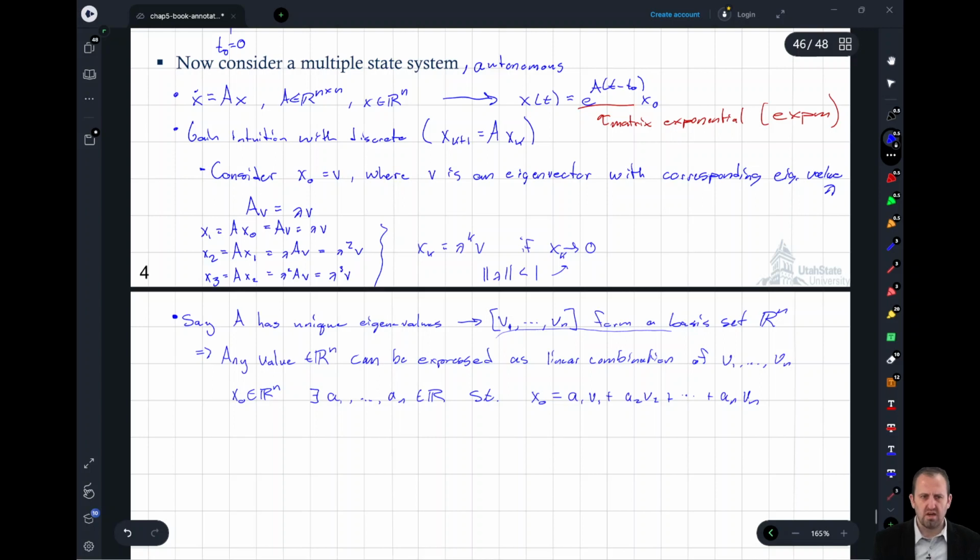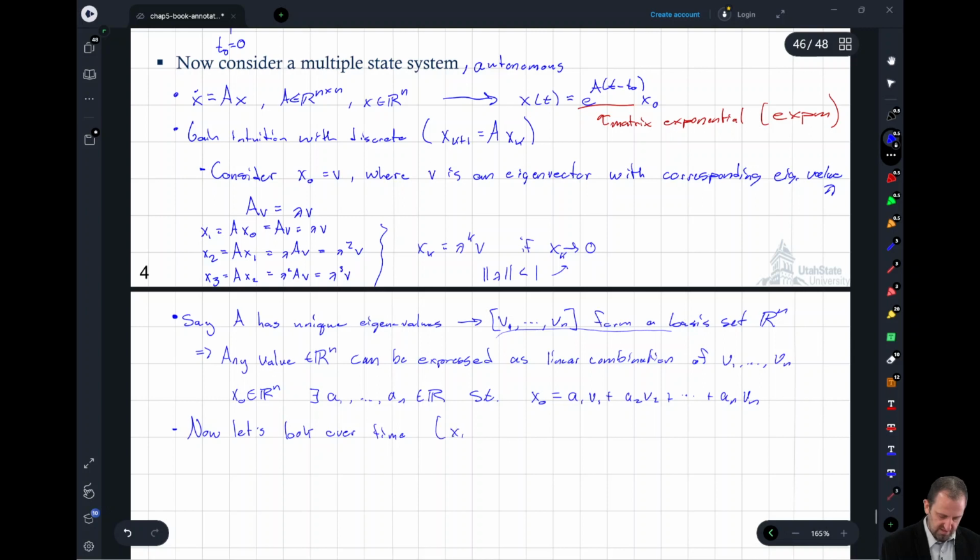So our x naught can be written as a linear combination of our eigenvectors, which is pretty cool. So now let's look over time.